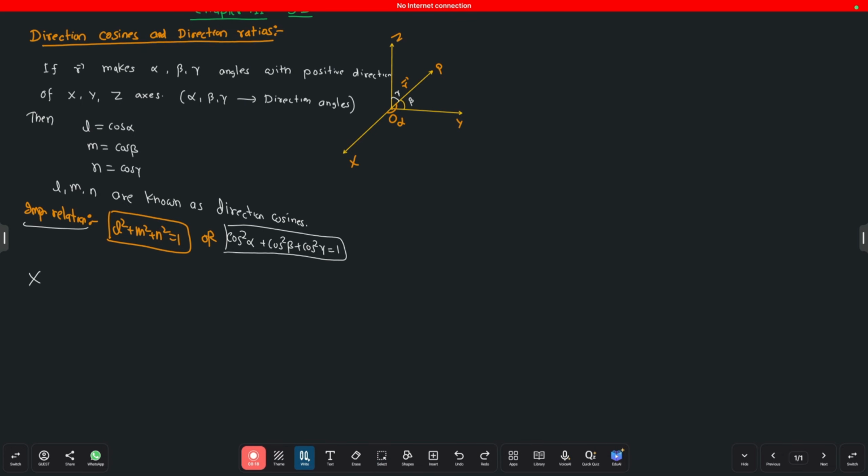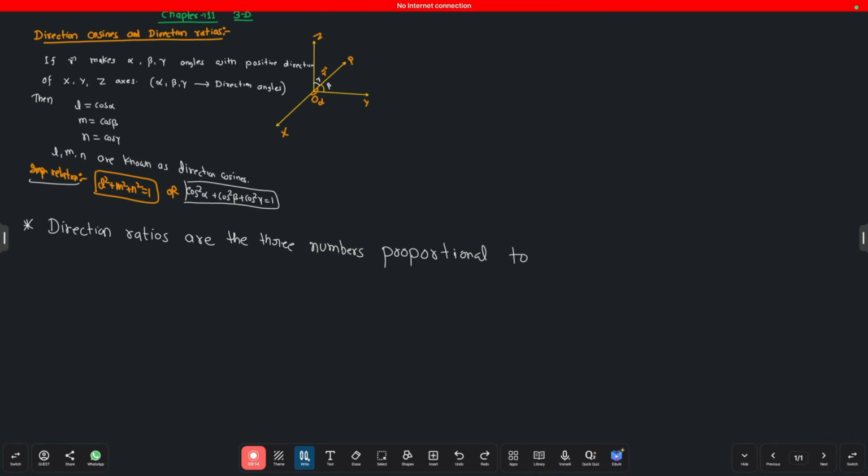Direction ratios. Direction ratios are the three numbers usually denoted by A, B, C, proportional to the direction cosines L, M, N, that is, L upon A, M upon B, and N upon C, and this is equal to some k value.